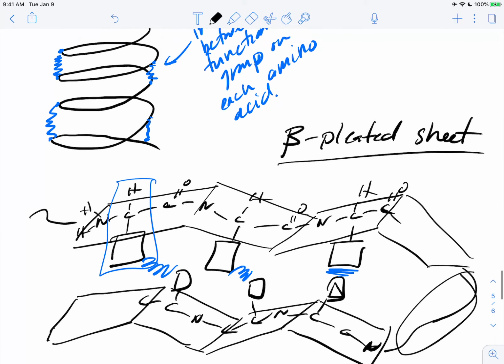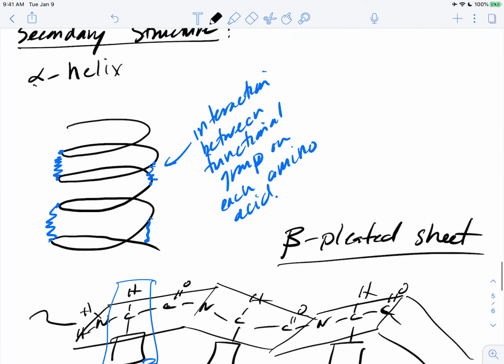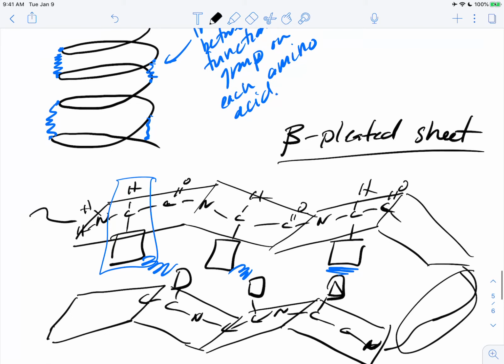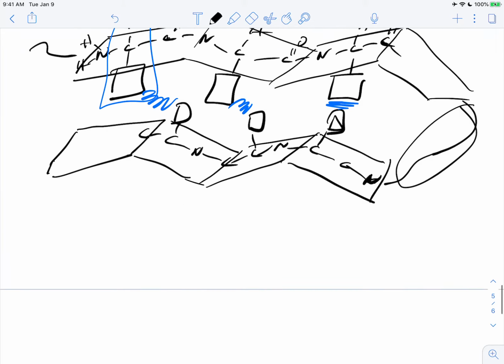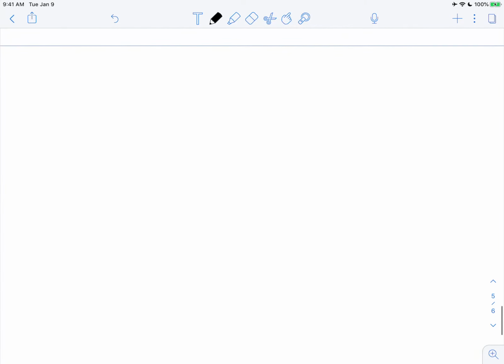Okay, so we have alpha helix, beta pleated sheet, and that's all secondary structure. But now remember that these are all components of amino acids, so we can actually go a step further into the tertiary structure. So kind of zooming out.